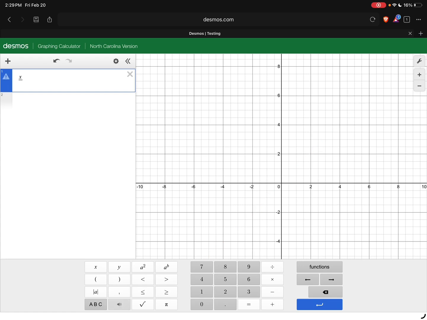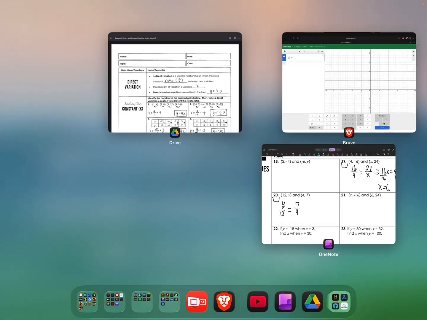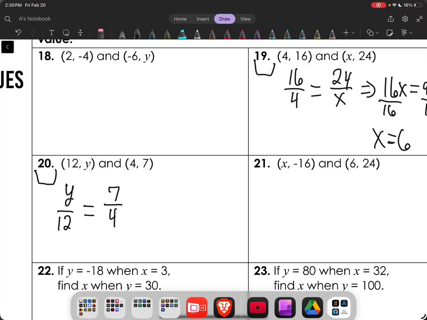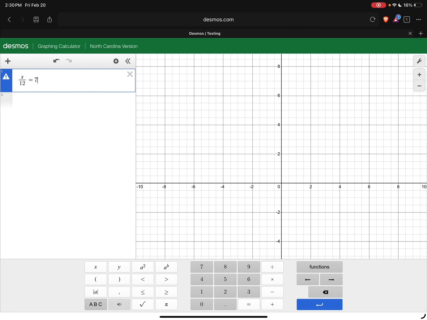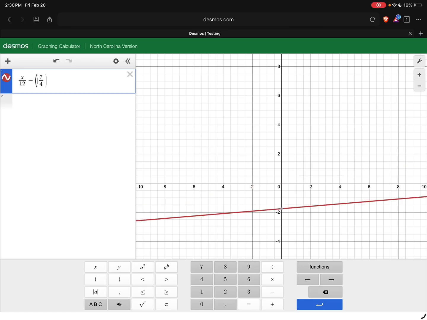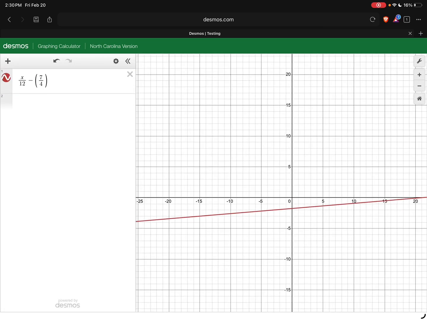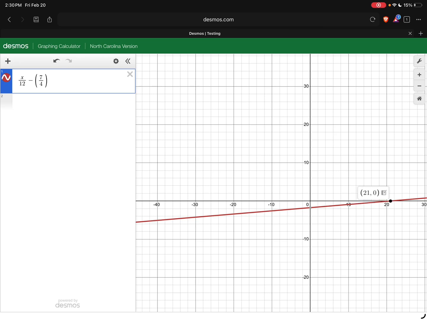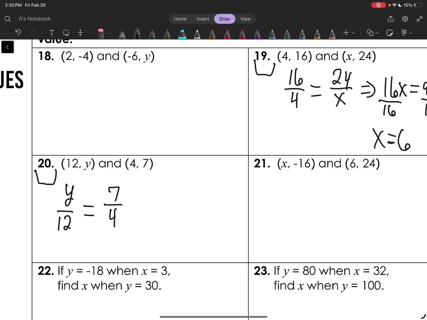So x divided by 12 equals 7 over 4. Instead of equal, I have to put minus parenthesis. I'm looking for the x-intercept. It is at 21. Therefore, my answer is y equals 21.